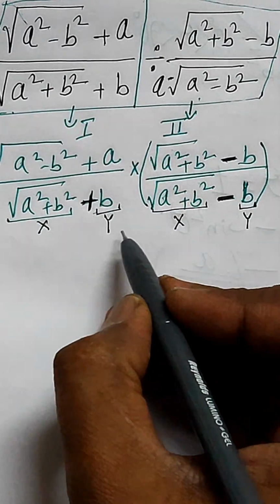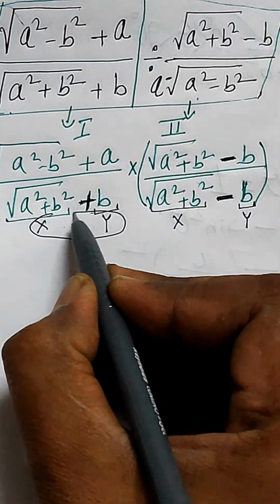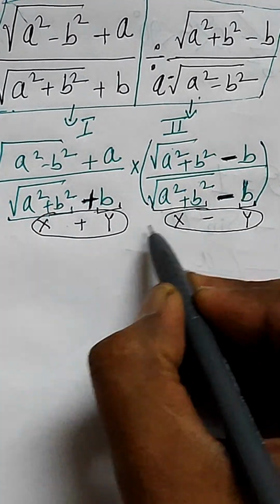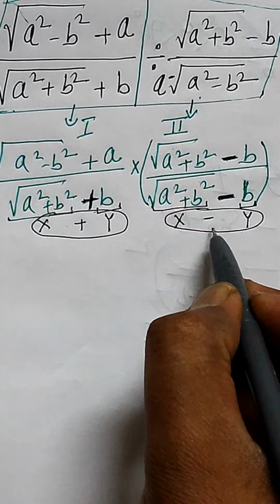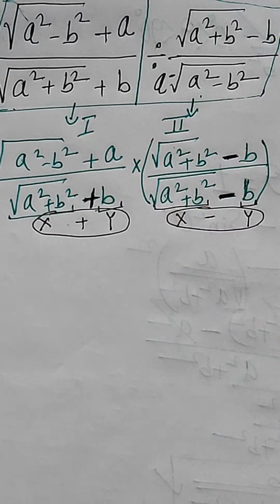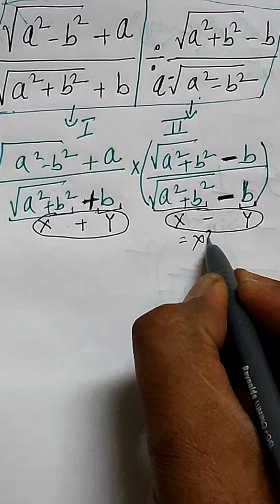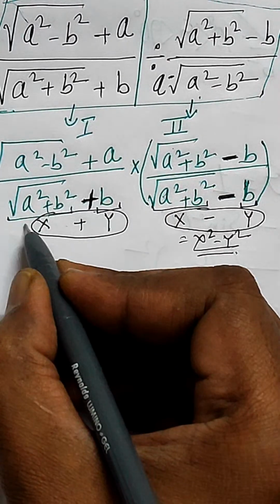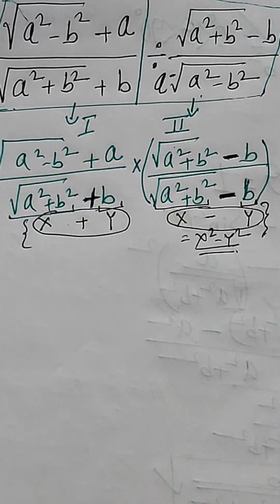Because when you multiply x plus y and x minus y, it will come in the form of x² − y². This is the underlying concept over here.